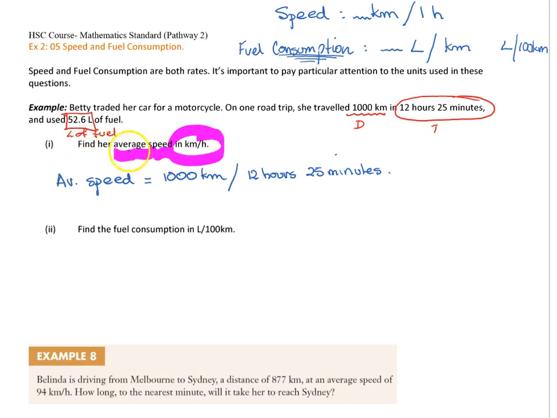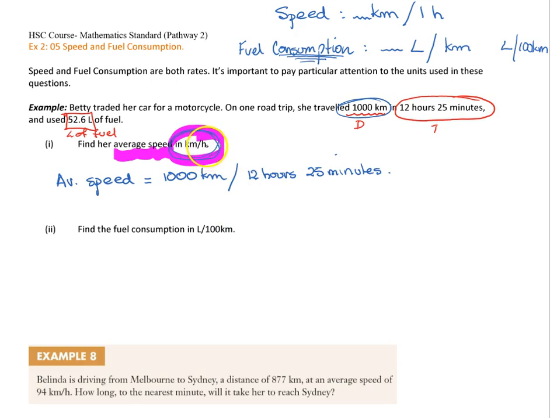It says find her average speed in kilometres per hour. There is your biggest hint for how to get set up. You want kilometres per hour. So when I'm setting up my rate for speed, I want the measurement that's given in kilometres, which clearly is this one, which is 1,000.